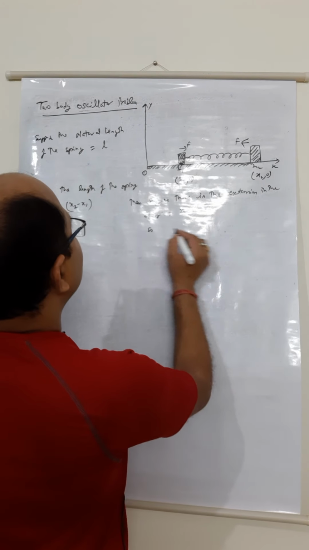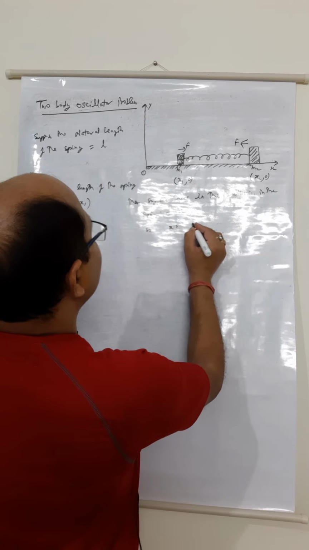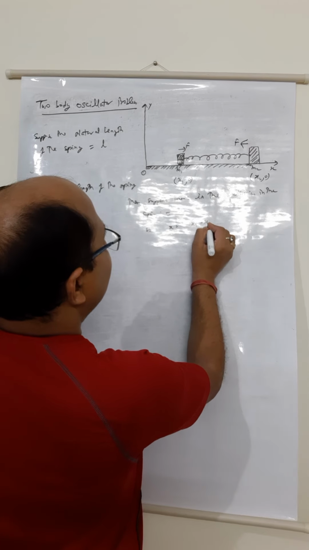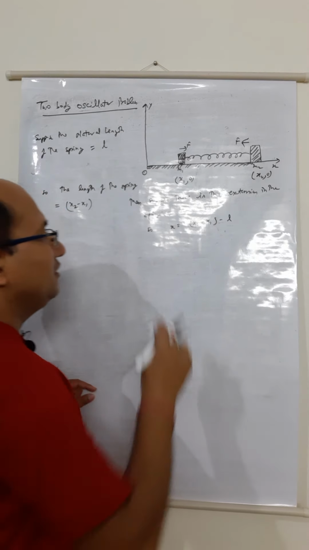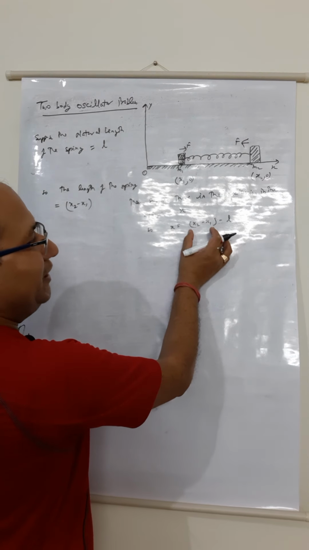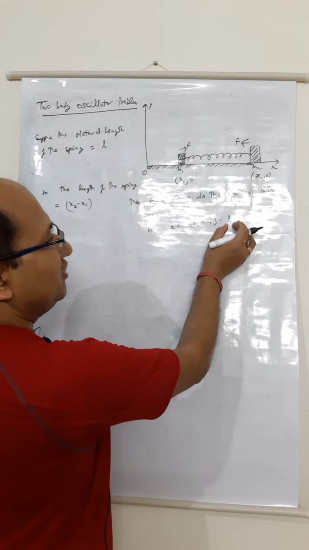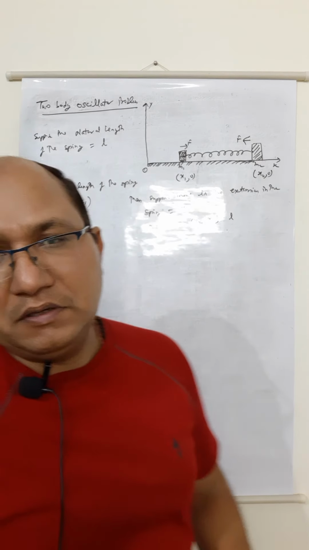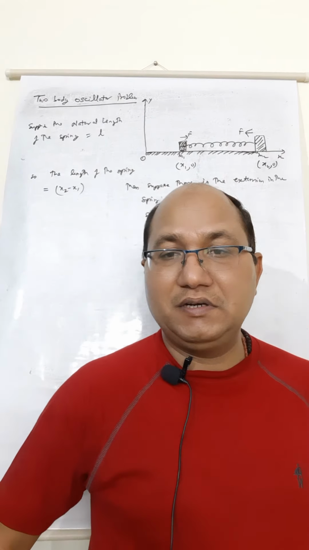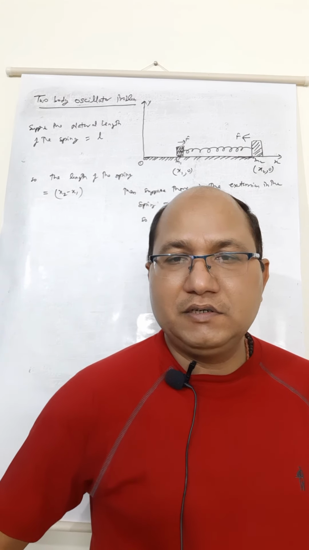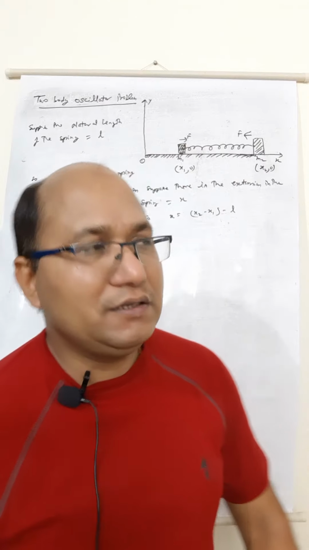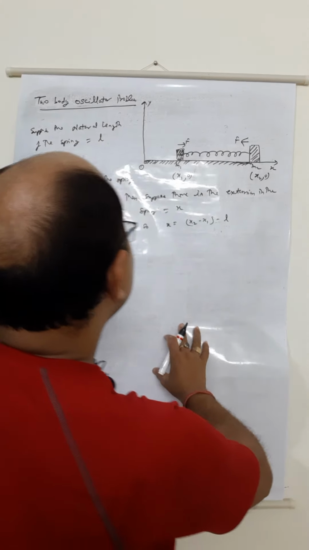So x equals x2 minus x1 minus L. The extended length of the spring minus the natural length determines the extension x.